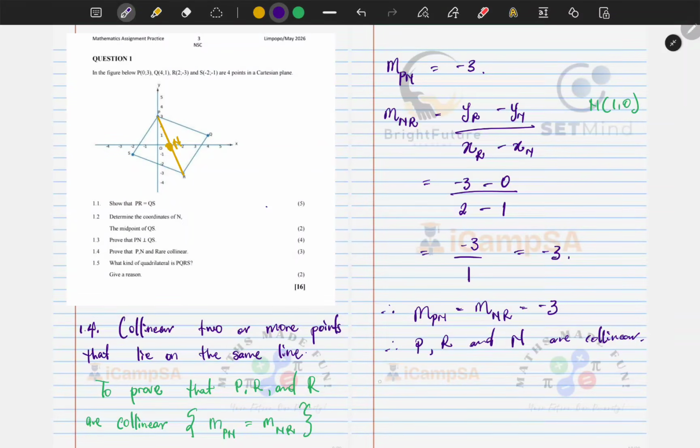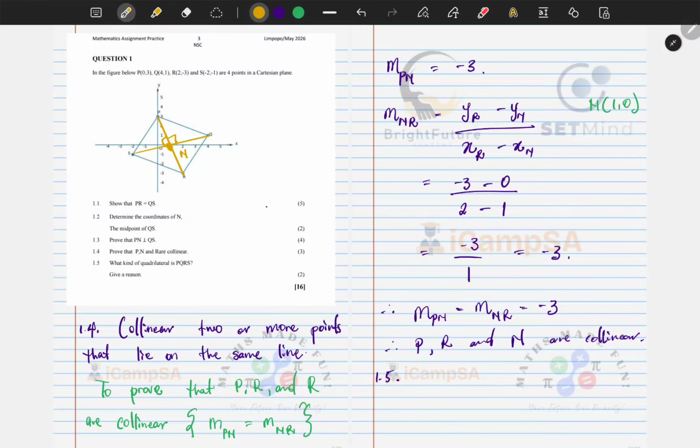Right, so now let's look at 1.5. So what kind of a quadrilateral is PQRS? Remember we had already proven that these lines are perpendicular to each other, right? And you have your n.